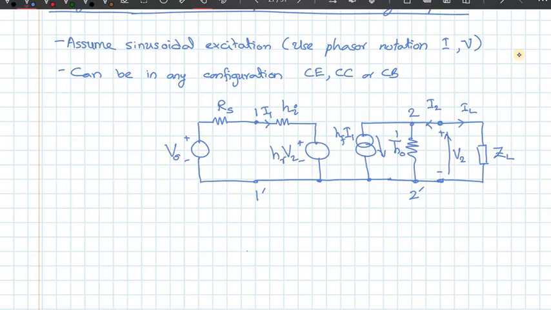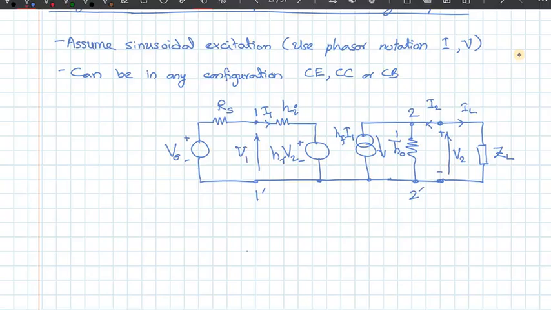This is my circuit, and this is my input voltage V1.